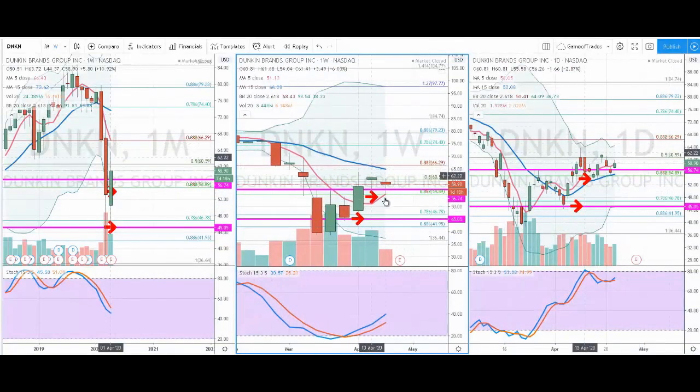So that first entry level, 54.89, is literally a stacked support area that we want to step in on, the weekly market structure low trigger. And then the second area, the 45.05, is your daily market structure low. Once again, the same thing: you have a low, a lower low, a lower low, a lowest low, a higher low, and then the high of that higher low candle, the trigger candle right here, and that is our daily market structure low.